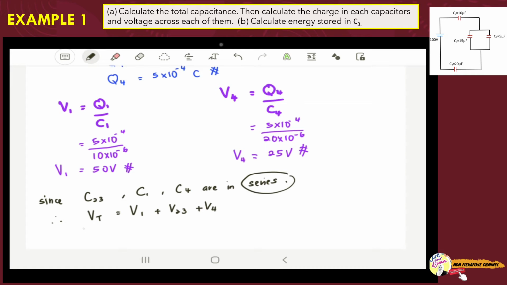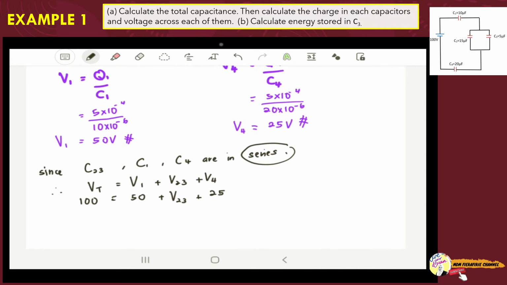Okay, so V total is 100, V1 is 50 plus V23 kita tak tahu, plus V4 is 25. Okay, and finally V23 is equal to 25 volt.